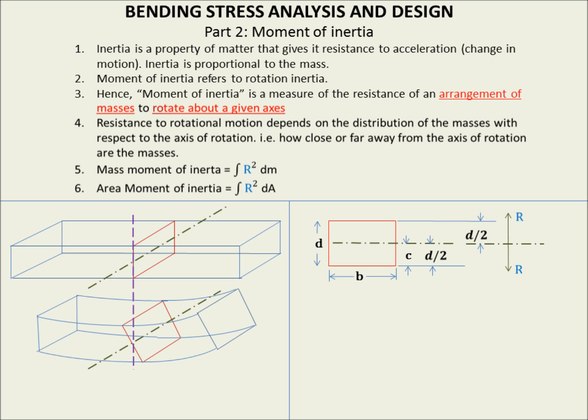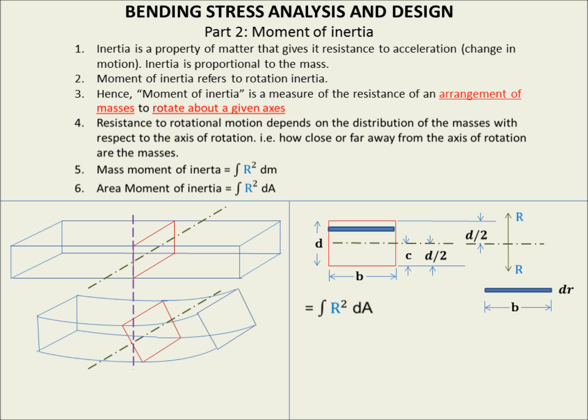Now, basically, we're going to use this operation, integral of r squared dA, on this cross-sectional area which we just described. First of all, let's define dA. dA is a differential element of area, meaning a small, tiny element of area, and we represent that with that blue bar there, and it basically is b multiplied by dr, right?